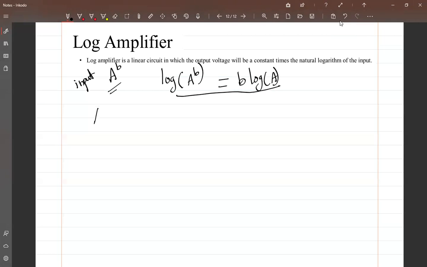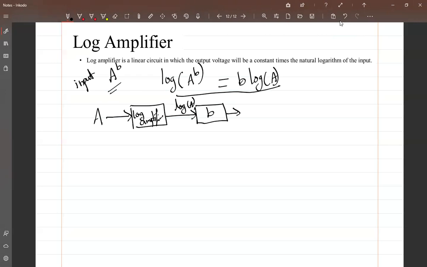So if you want to compute this kind of mathematical operation for an input signal, let's take an input signal A. That input signal has to go through a log amplifier. Due to the log amplifier, you will get the log A value, and that has to be multiplied with the gain value B. B is a multiplication factor.